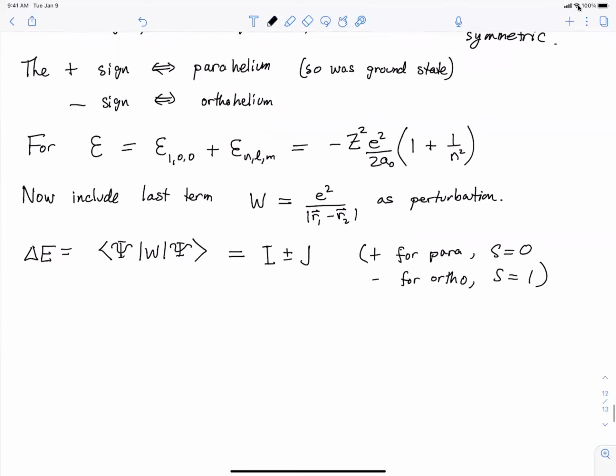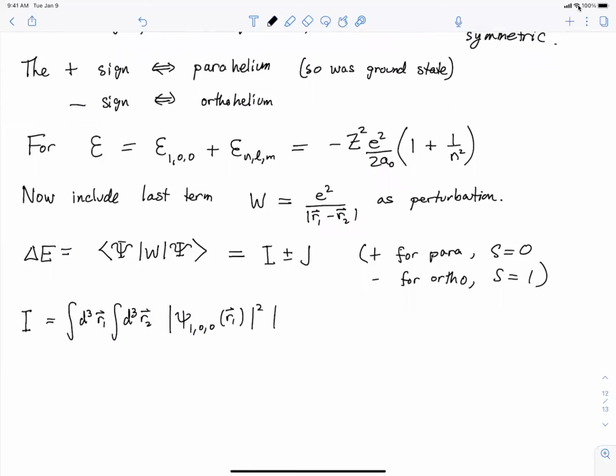Okay, now let's go ahead and write down what I and J are. I is otherwise known as, well, let me write what it is first. So when I evaluate that expectation value, I'm going to have an integral over both R1 and R2. And then I get my wave function for the 100 state.